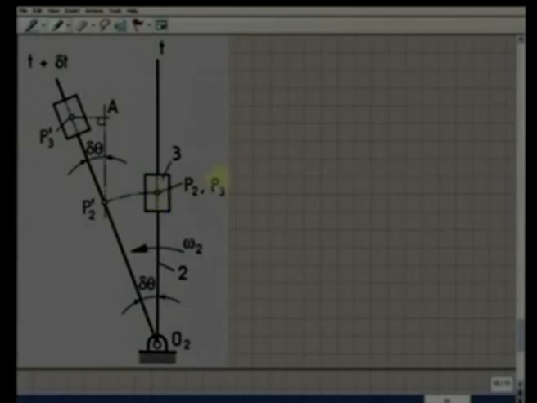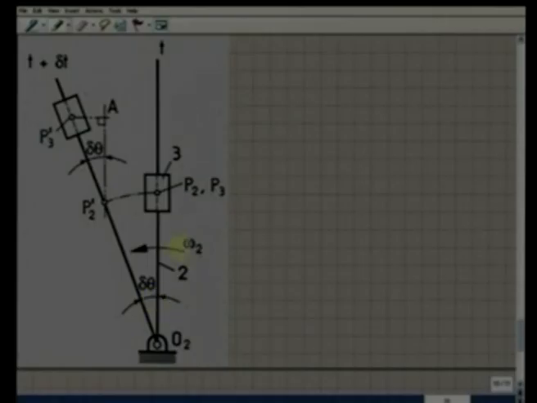What is the path of P3 on 2? If we fix body 2, I can see the block P3 can only go along this rod. So, the path of P3 on body 2 is this vertical line, along the rod. So, Vp32 will be along this vertical line.